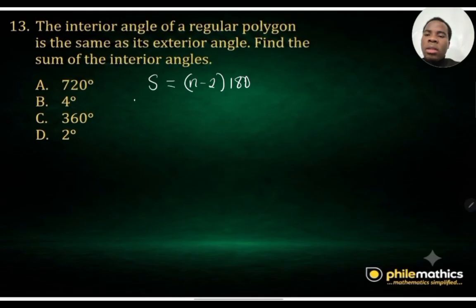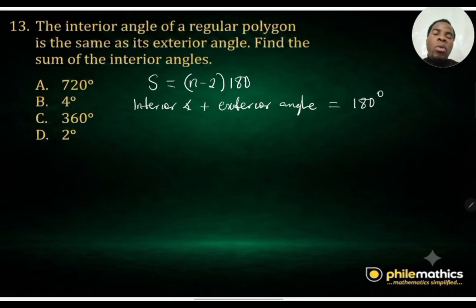What do we know from polygon? We know that interior angle plus exterior angle gives 180 degrees. We know this from a polygon.